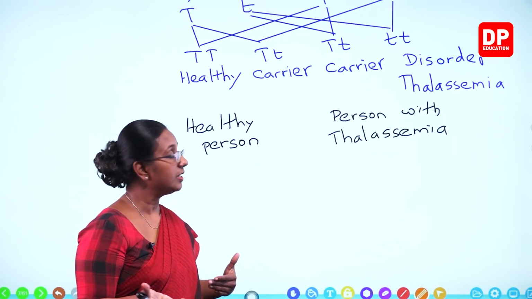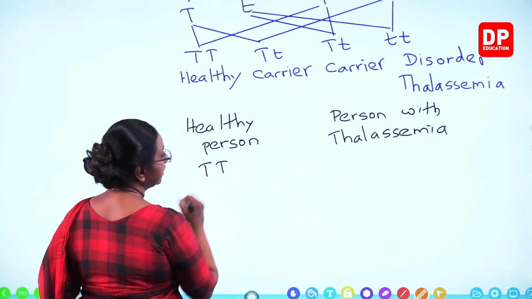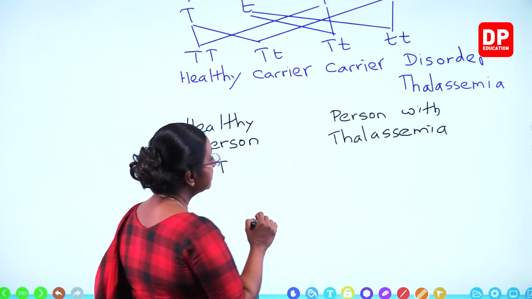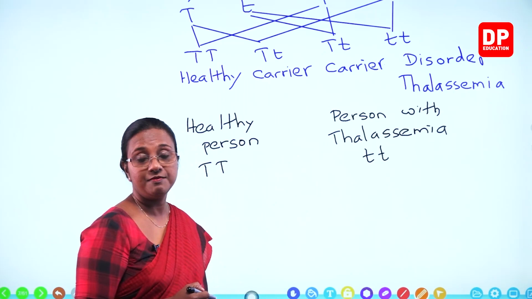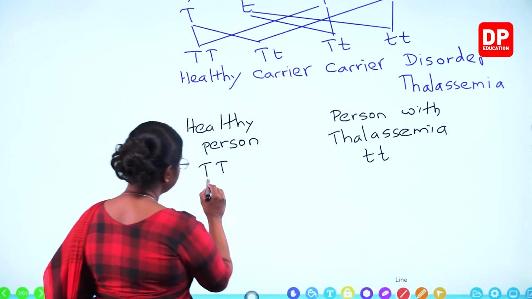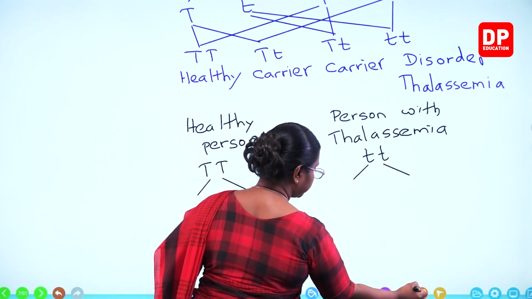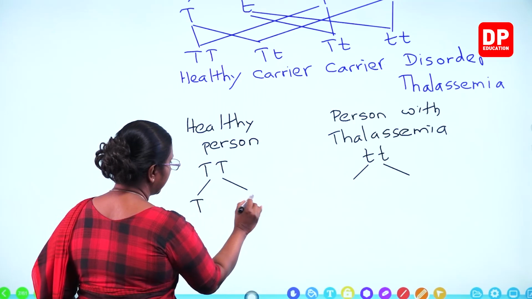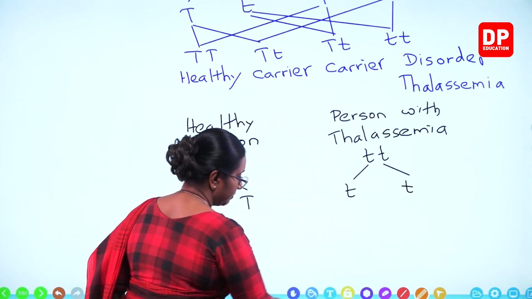This is the autosomal chromosome. So, healthy person, both are going to be capital T. Person with thalassemia, it's going to be recessive condition. So then what happens to the gametes? Now gametes both are capital T. Here it's simple t.